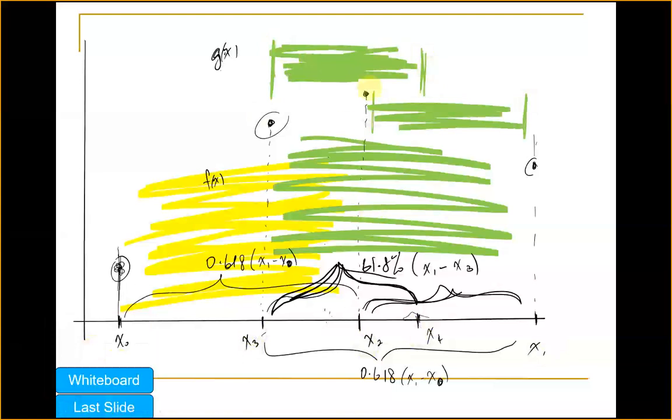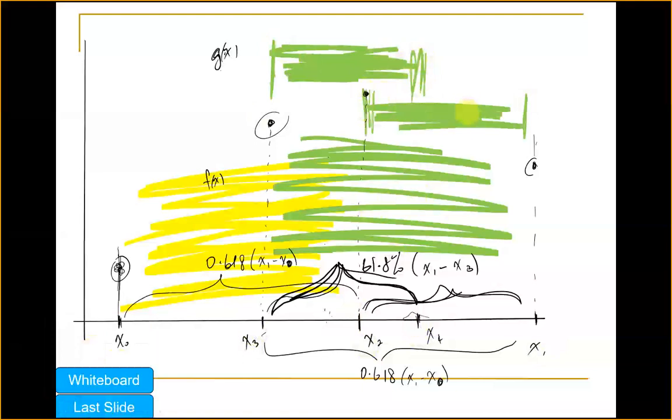How do I decide? I find what the value is at 2, and I find what the value is at 4. Whichever one is higher, I pick the range such that the one that is higher is inside that range.